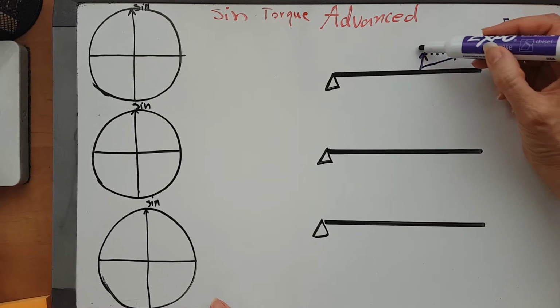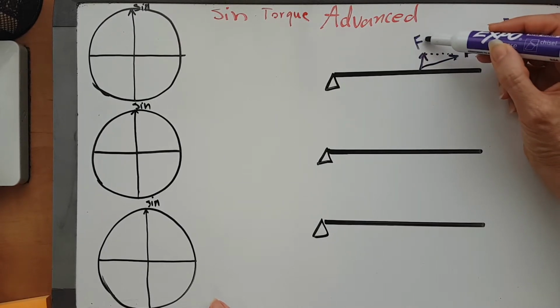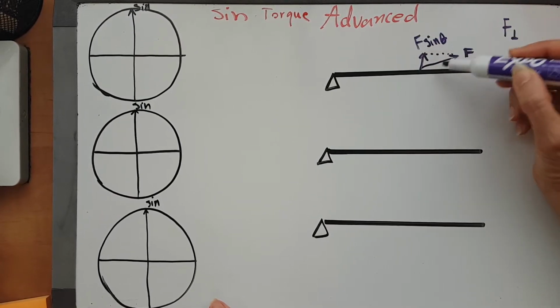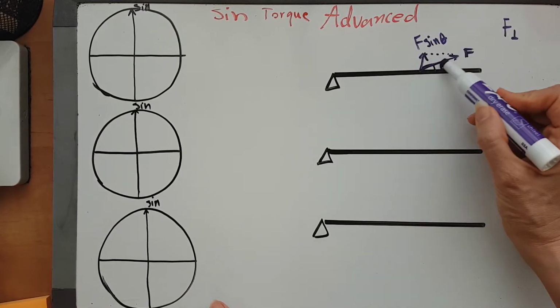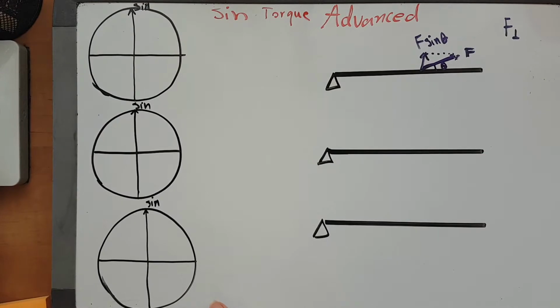So this would be F sine theta, where theta is the angle that the force makes with the lever arm.